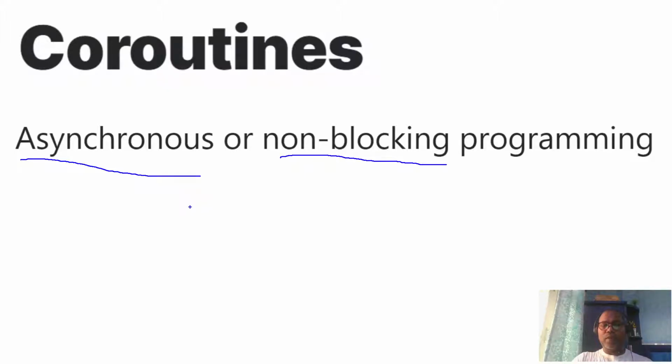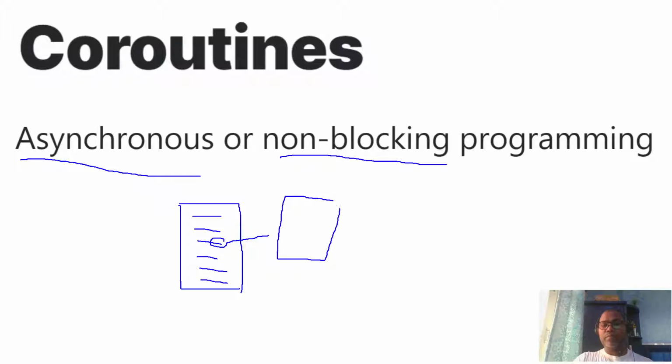Generally, whatever code you write runs in sequence: statement 1, statement 2, statement 3, statement 4, statement 5, statement 6. Say in one statement you invoke another method, which may be another block of code.